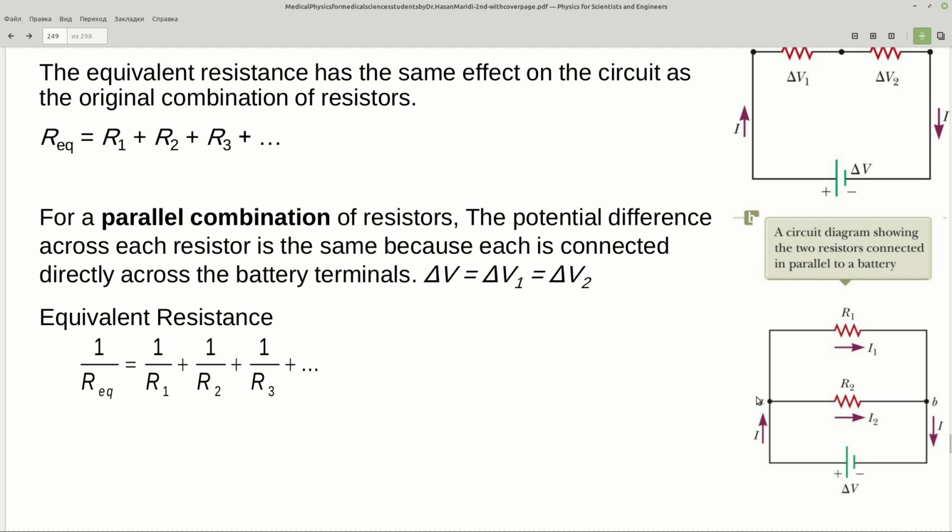We need to apply Ohm's law. Alternative expressions can be found using this special type of equation. P is I multiplied by delta V, the current multiplied by the difference of potentials.